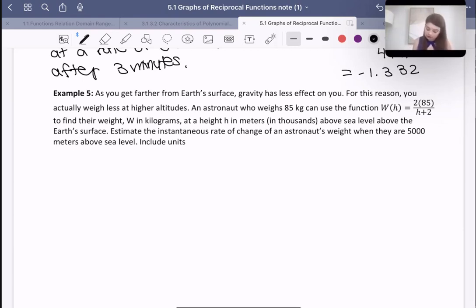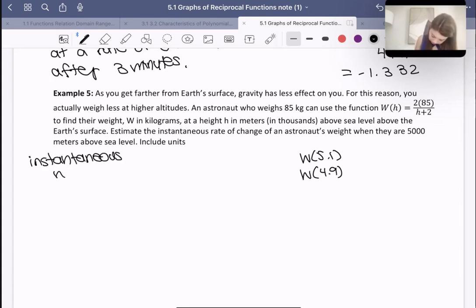We're going to find W of 5.1 and W of 4.9. So for the instantaneous rate of change, it's going to be about W of 5.1 minus W of 4.9 over 5.1 minus 4.9.